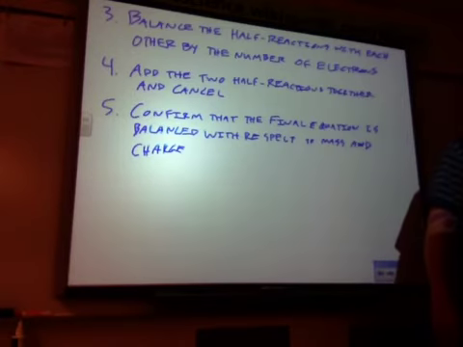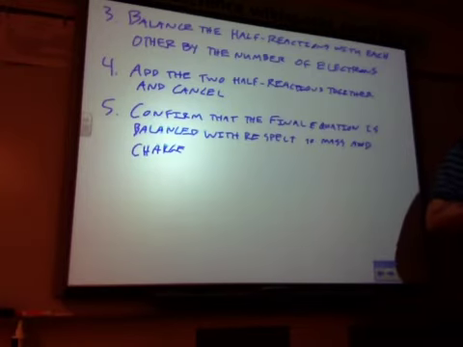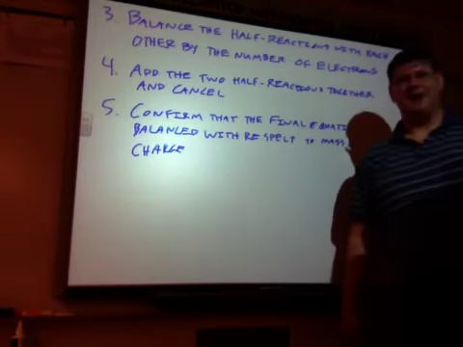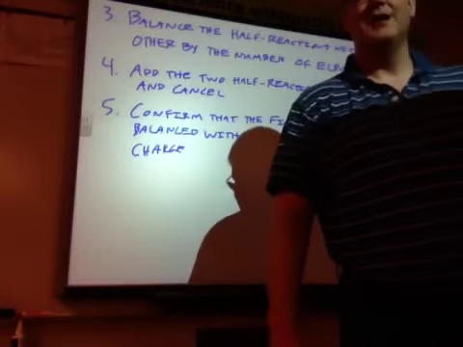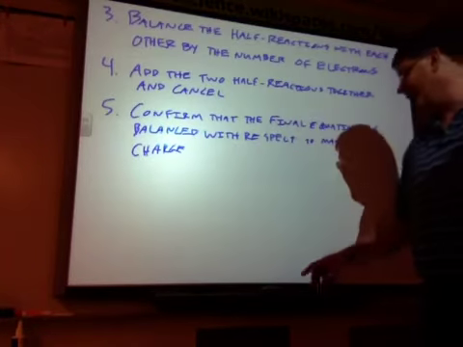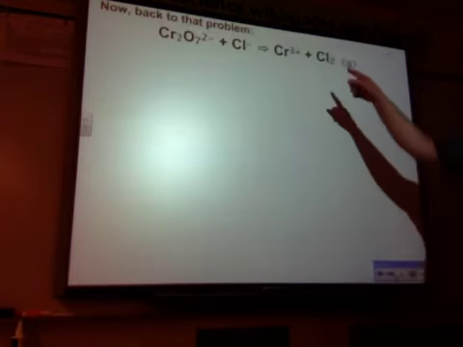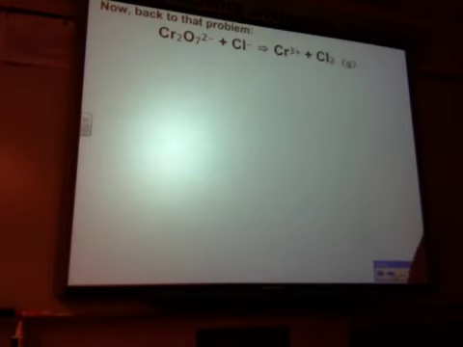Once you've done a whole bunch of these, you may be able to look at some redox problems and just solve them by observation. Do it this way first, until you're really confident and can do it all the time. Not really any shortcuts. Okay, having said all this, let's get back to our problem.